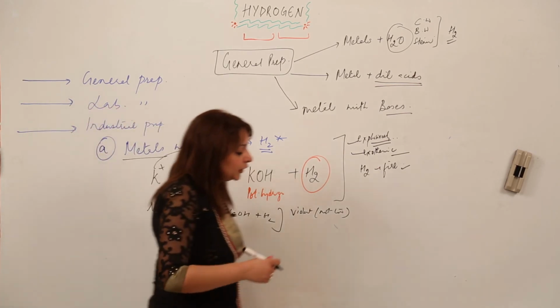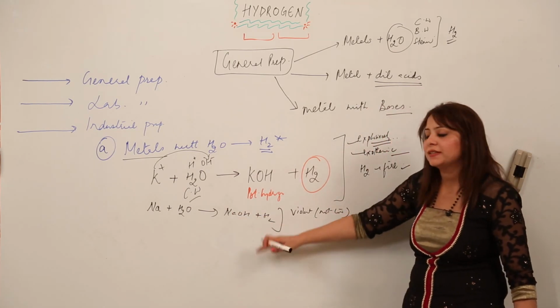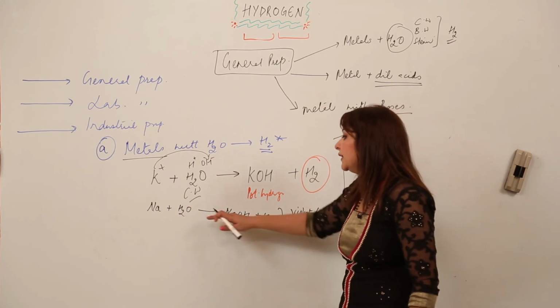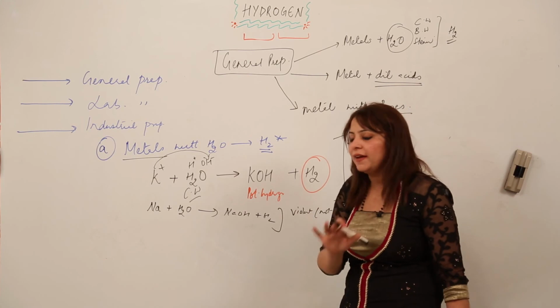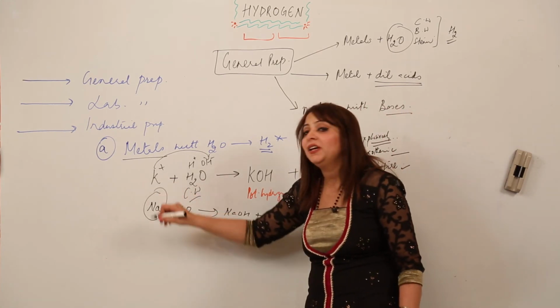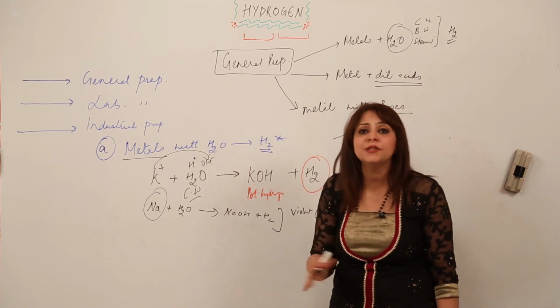But one more problem is faced in this reaction. What is that? Just listen to me carefully. The reaction is violent and explosive, and moreover, sodium melts into a globule and darts around on the water.